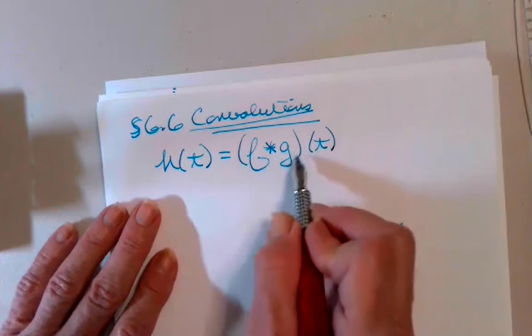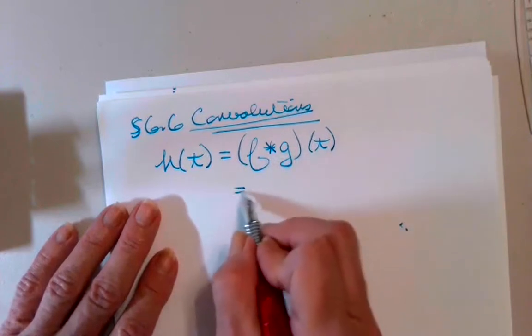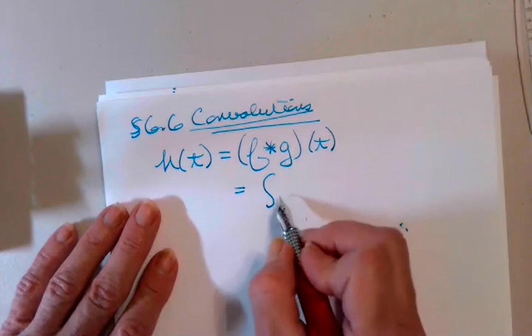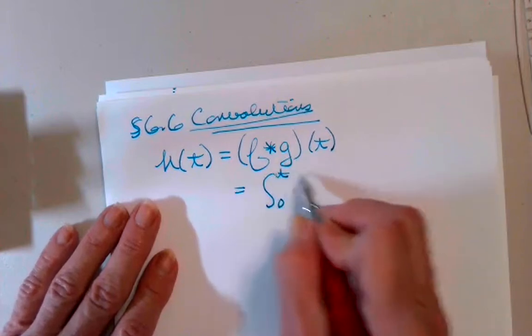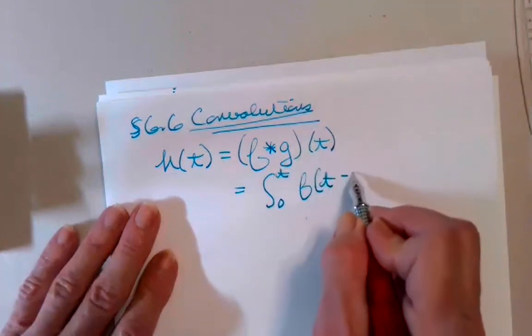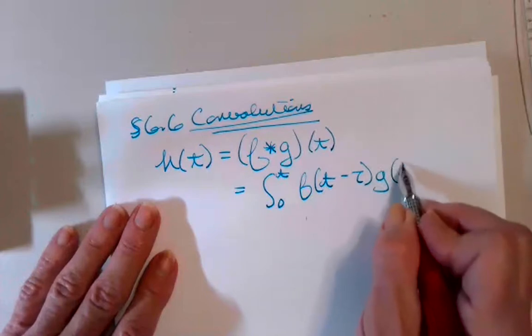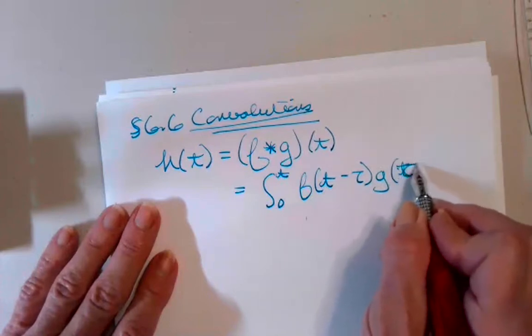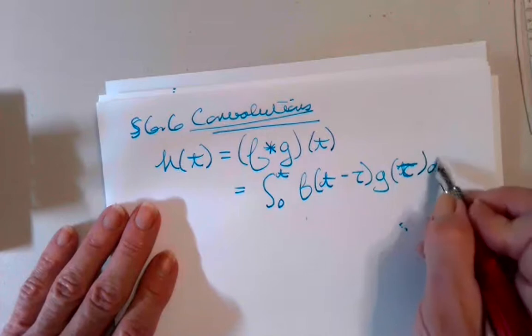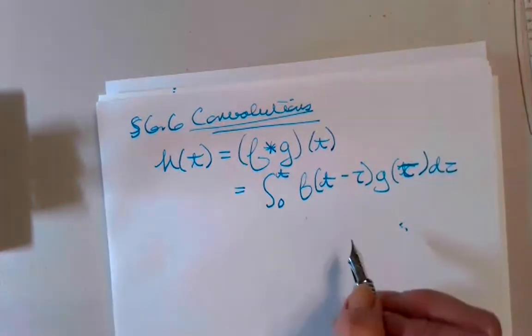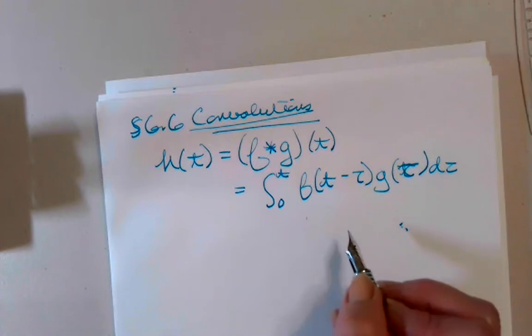And so if I take f and g and convolve them, for us, that's going to mean you take the integral from 0 to t of f of t minus tau times g of tau d tau. Okay. So that is the convolution of f and g, and it is a function.